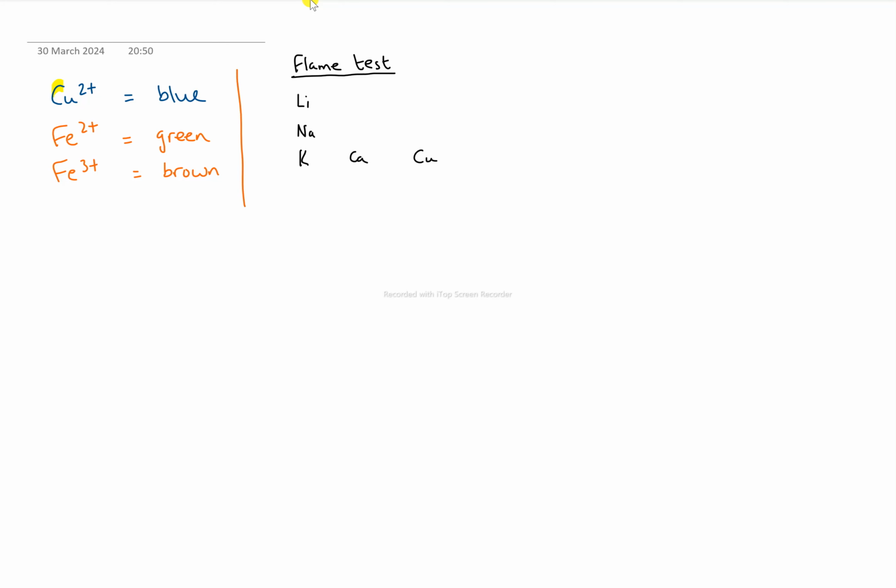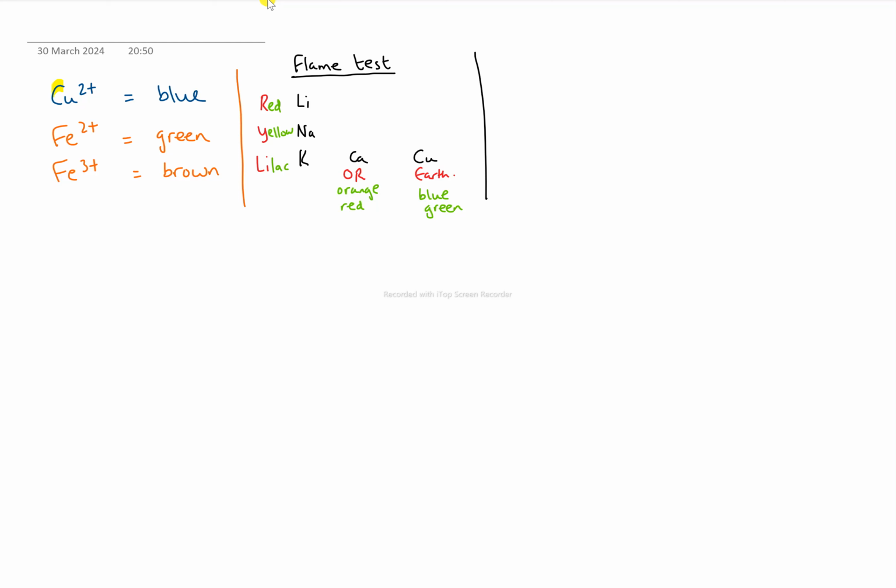So remember, you can ride your limo, or save the earth. So we said it's going to be red, yellow, lilac, orange-red. We said blue, green. Right.